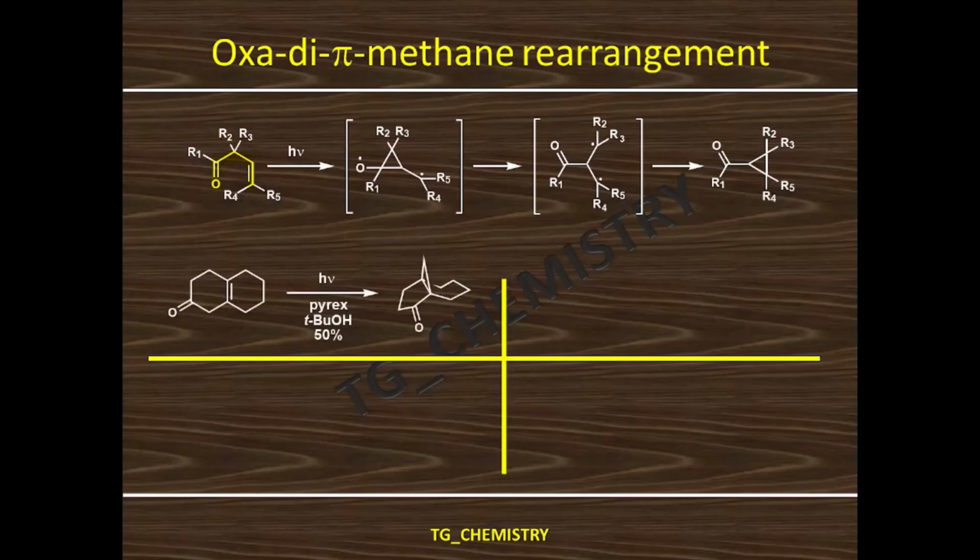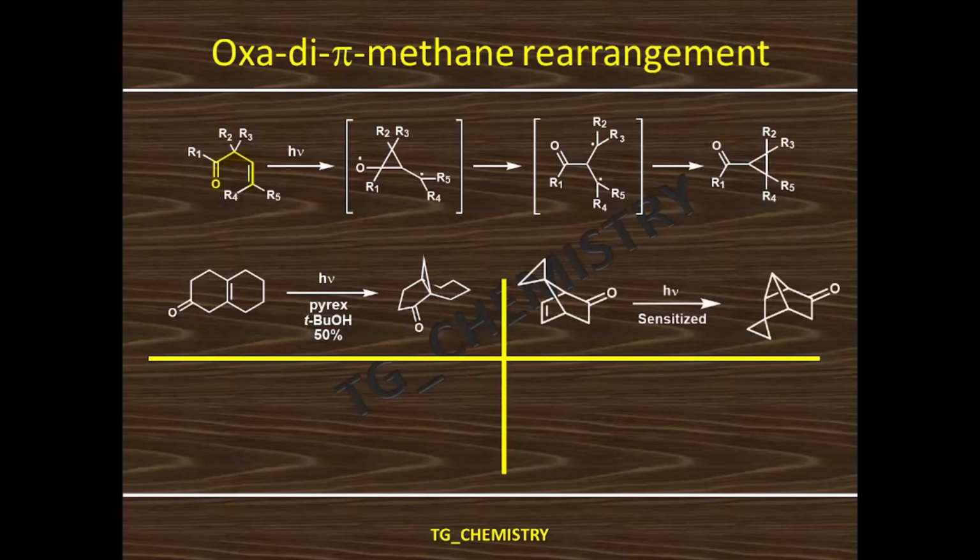Here you can see a 6,6 fused carbocycle with a carbonyl compound, having the di-pi-methane structure. It goes in a Pyrex glass vessel, in the presence of tertiary butanol and photochemical irradiation, and eventually leads to the formation of a cyclopropane ring, as you can see in the middle, flanked between the two ring structures.